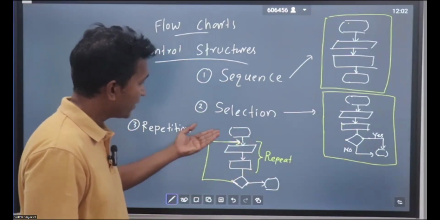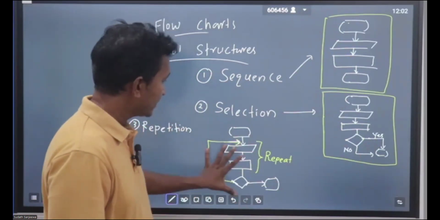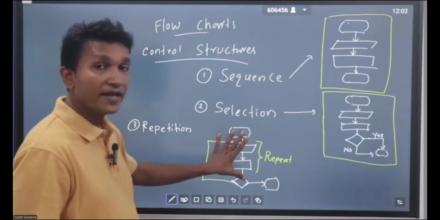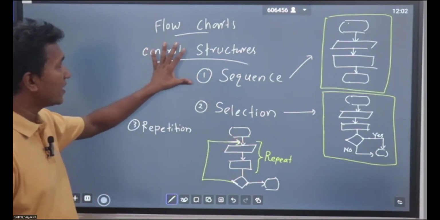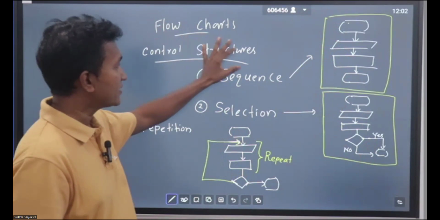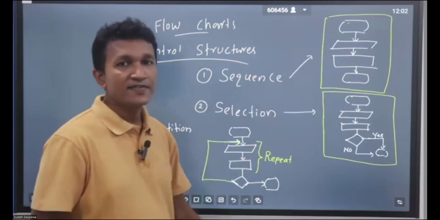So we have to repeat some one or more steps in our flowchart. That is the main control structures, right? So write these down: control structures and sequence, selection and repetition with these diagrams.